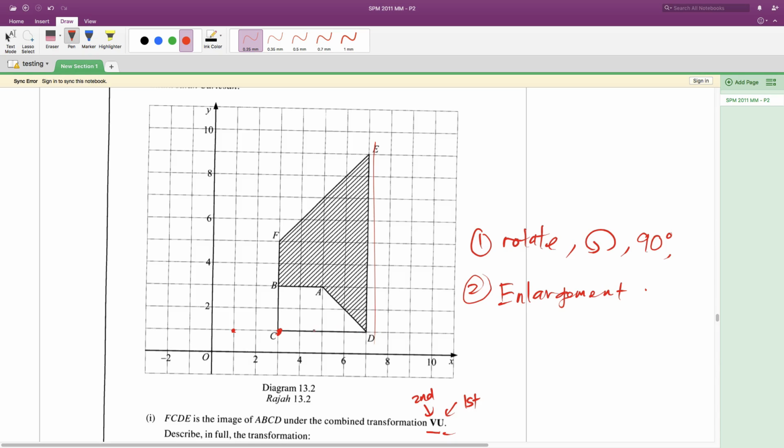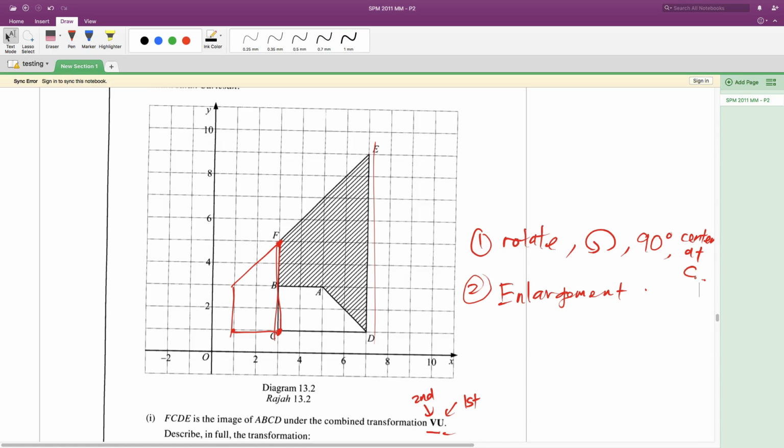If CD is rotated anti-clockwise on the center, CD actually will go to CF. They'll go like this. D will be here. Then your whole trapezium actually will go into here. So I will say center at C.